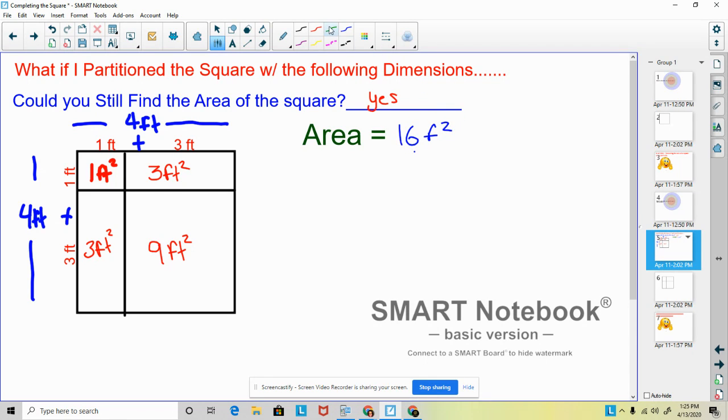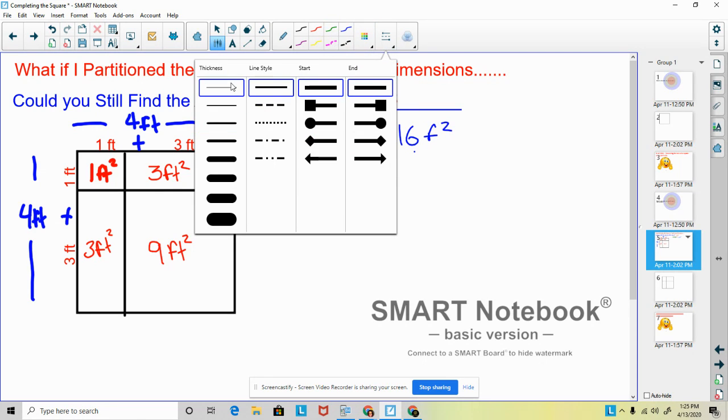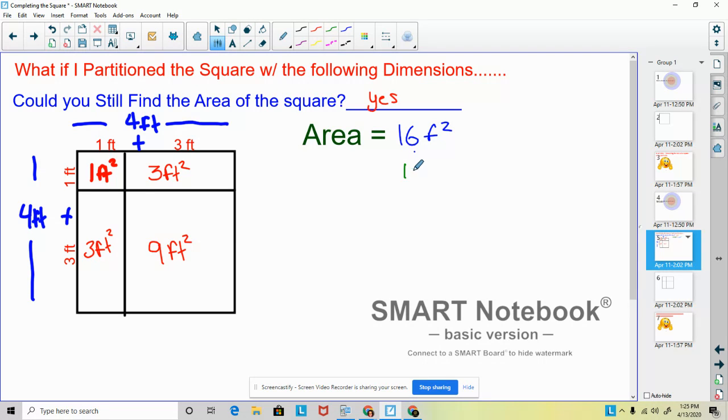But let's do this. Let's count on the inside. All I'm doing is taking these areas right here and adding them together. So 1 feet plus 3 feet, and this is squared. This is squared.